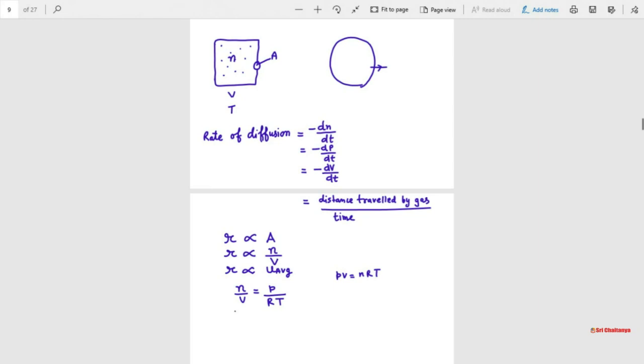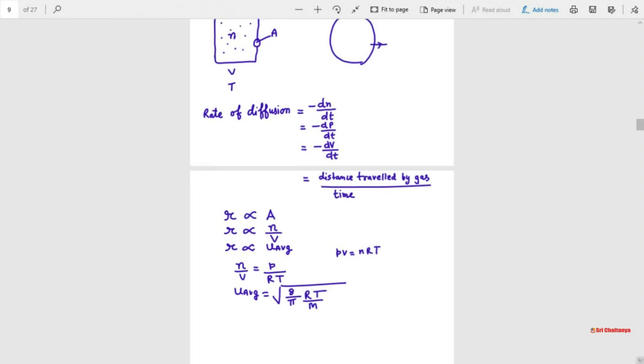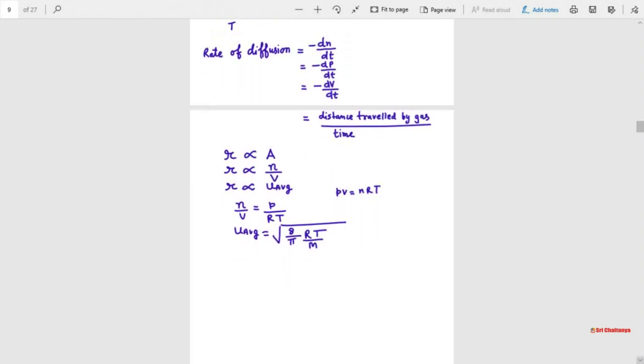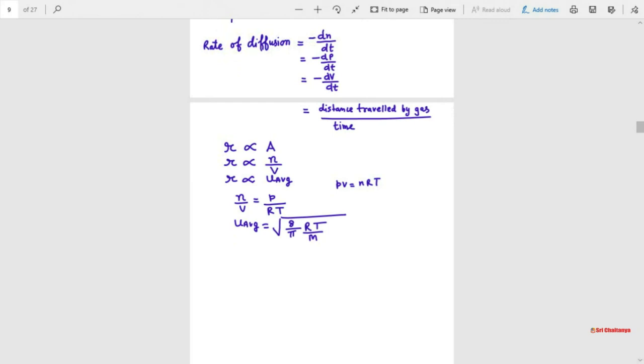Similarly, we know that the average speed of an ideal gas particle is equal to under root 8 upon pi RT by M. When we are discussing diffusion, we are not changing the temperature or molar mass of a particular gas. When we write the factors on which it depends, rate of diffusion is directly proportional to the area of the hole.